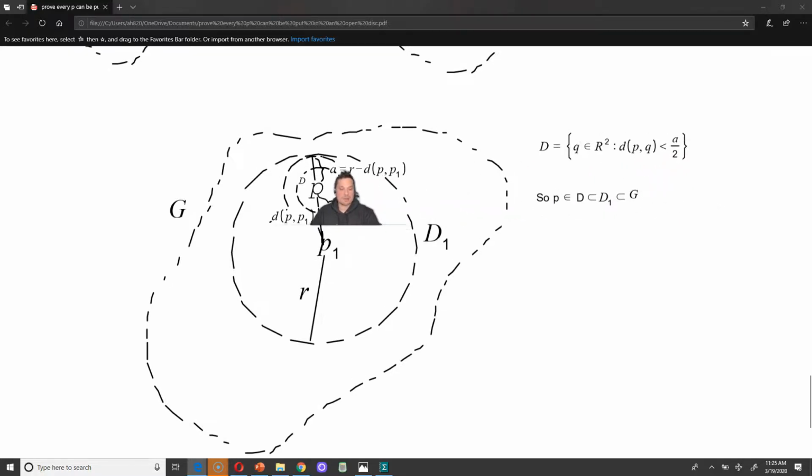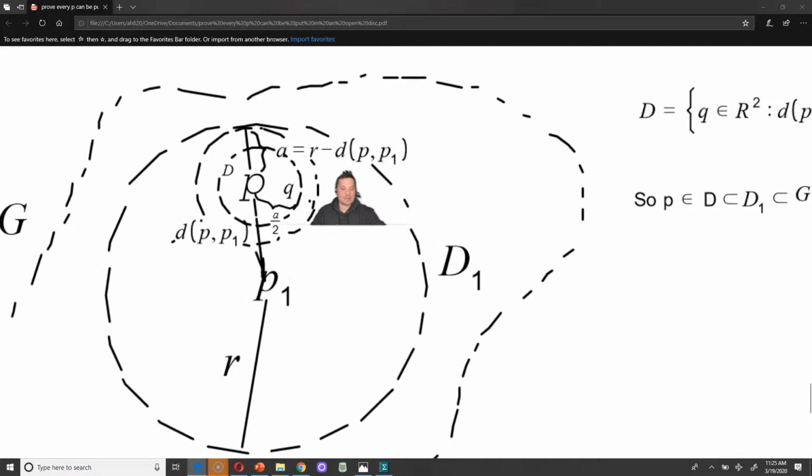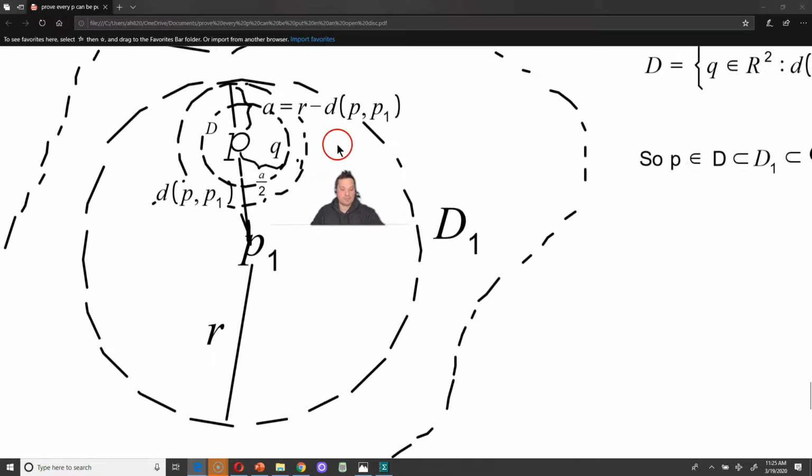Look at this picture. I'm going to zoom in here. We need to decipher this because this is where the magic happens. So P sub 1 is at the center of the disk D sub 1. P is at the center of these two concentric disks that are open also. Now A is defined as R, the radius that goes from P sub 1 to the boundary, essentially, minus the distance from P to P sub 1.